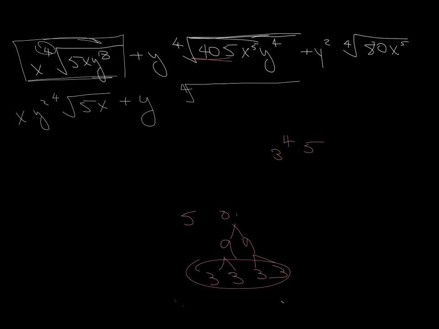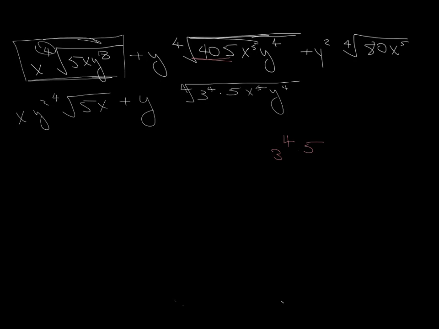Okay, so let's get rid of this so I can write there later on. So 3 to the 4th power times 5. And then I've got x to the 5th, y to the 4th. So let's go ahead and simplify that in blue. Alright, 4 goes into that 4 once, so I have 1 3 out.